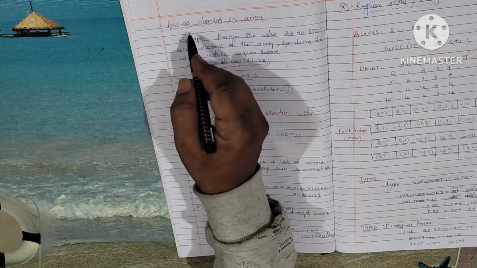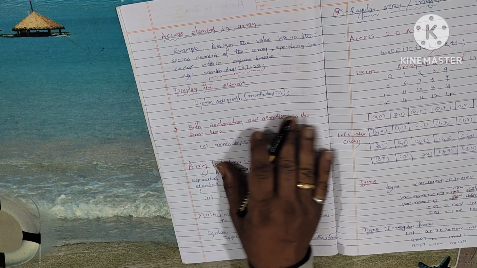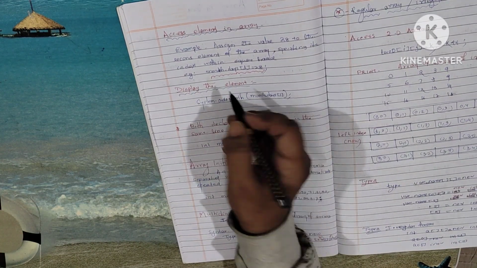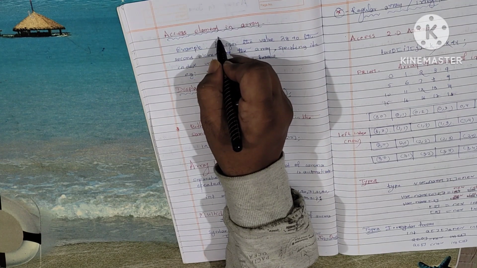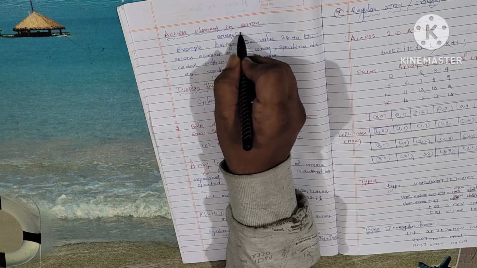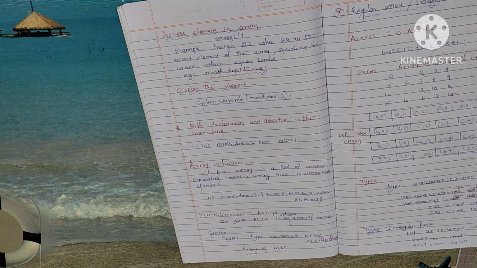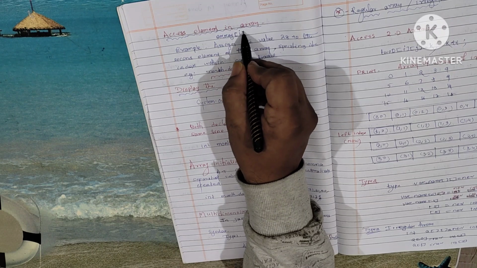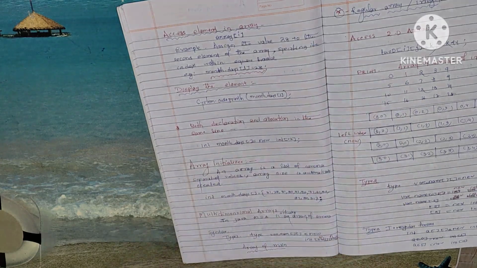Next, coming to the point of accessing elements in an array. To access an element in an array, we have to use the array variable and here use indices within the square bracket if it is a one-dimensional array.